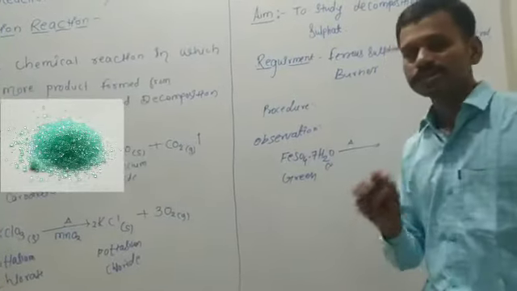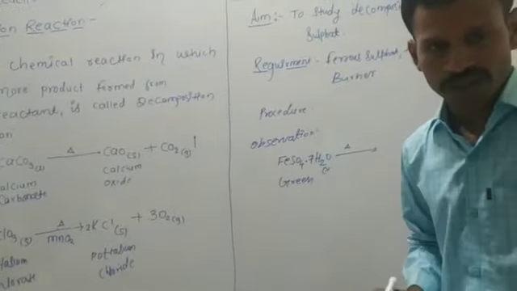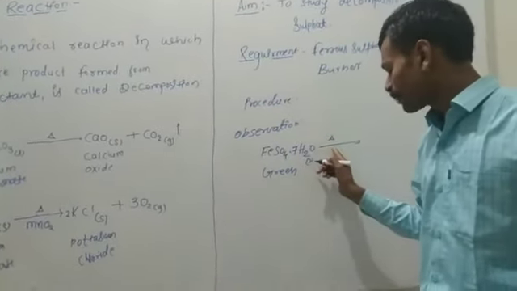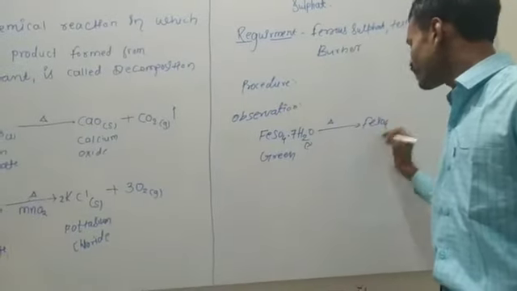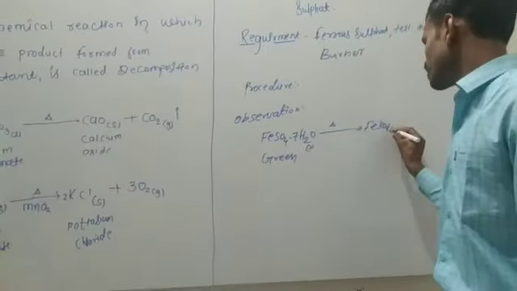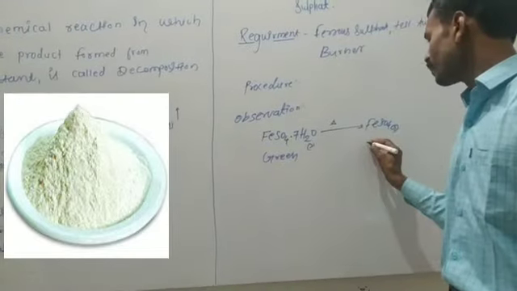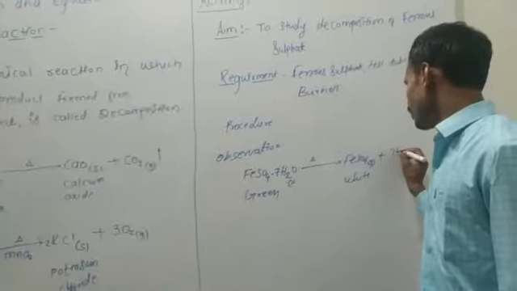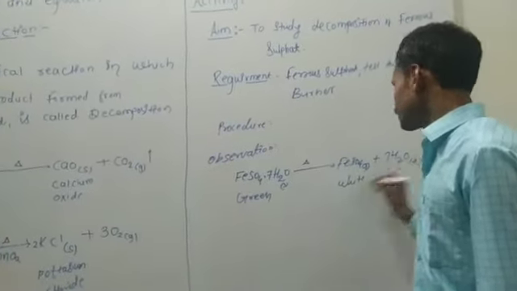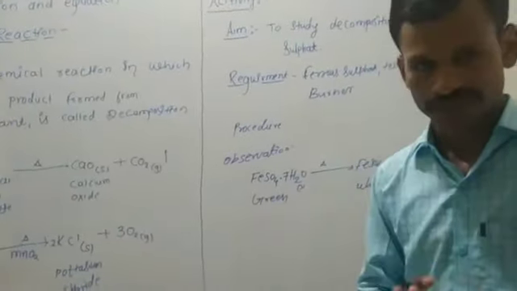Because heat is given, the delta symbol is used. After heating, it forms white ferrous sulfate, and water is also separated in this chemical reaction.